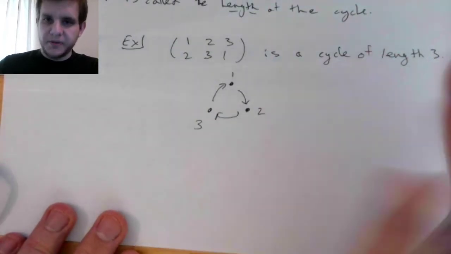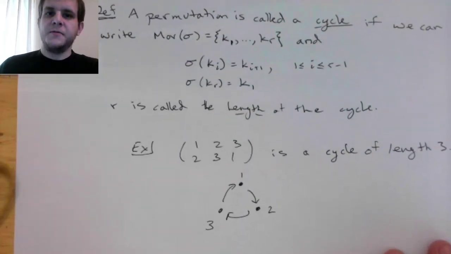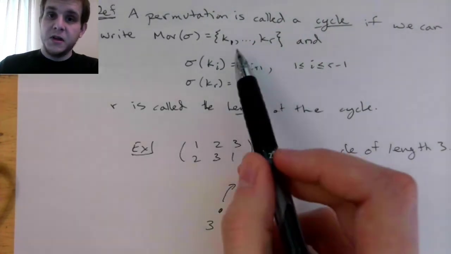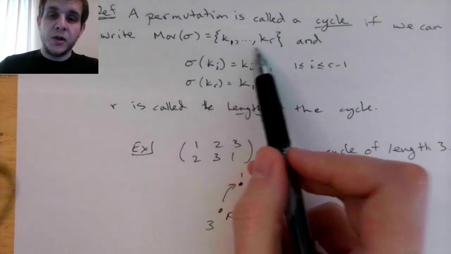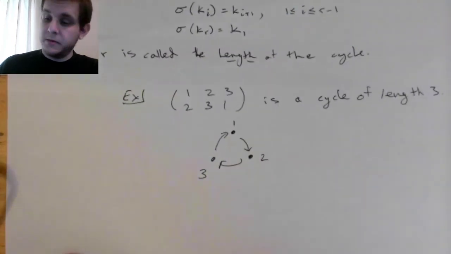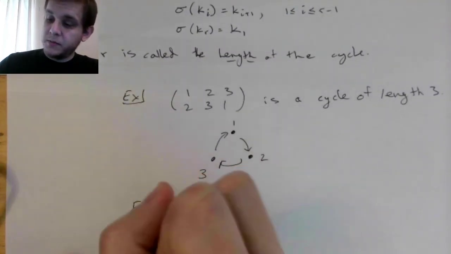This is not reflective of the general cycle structure, and that's exactly because these numbers don't need to be listed in order. So let's do another example.